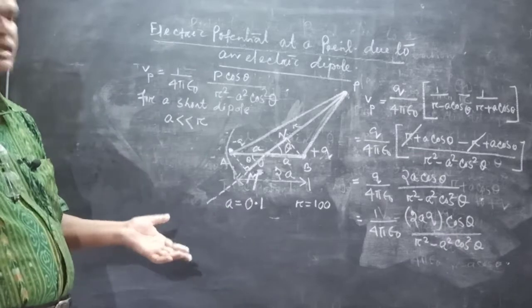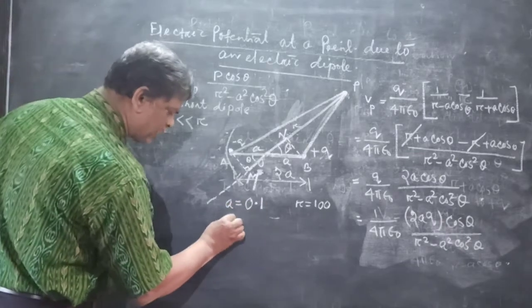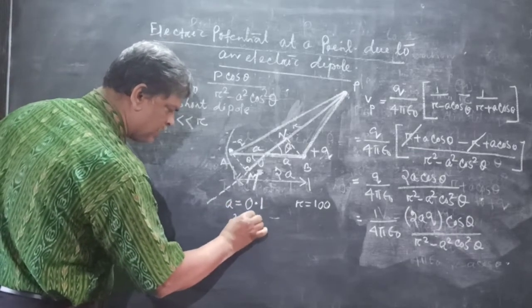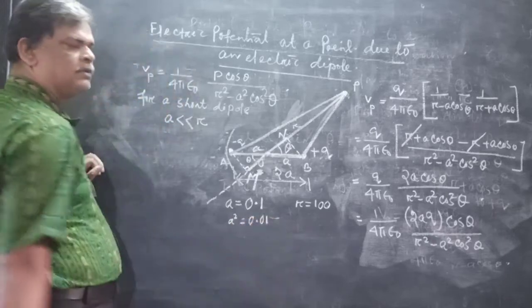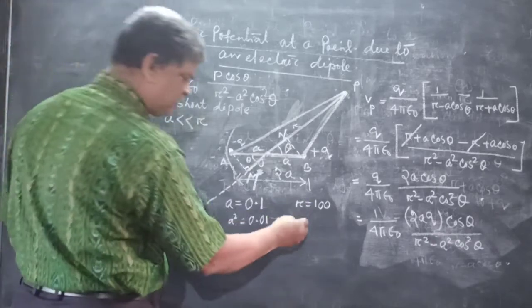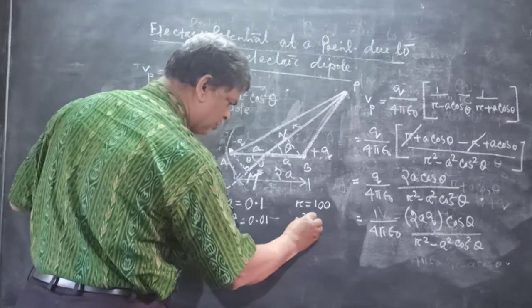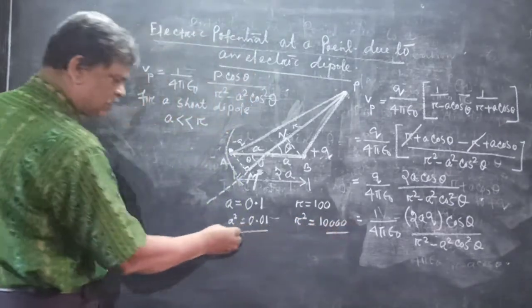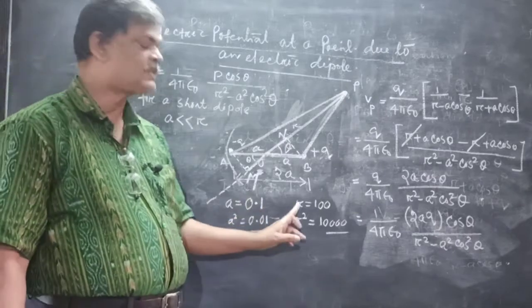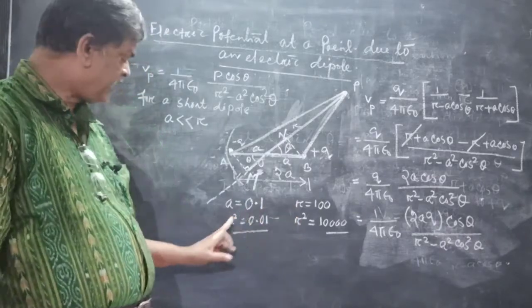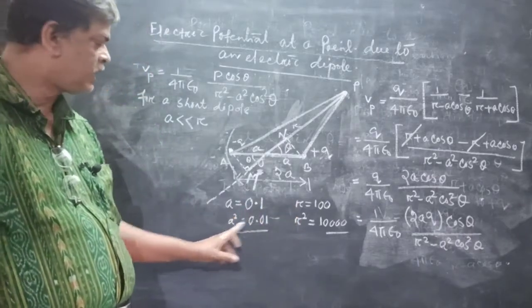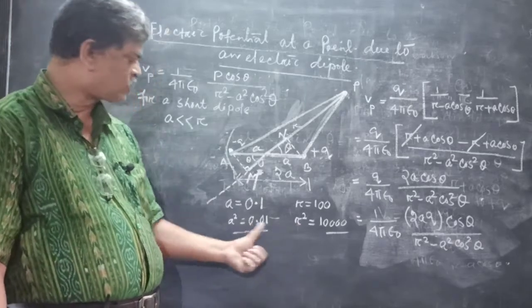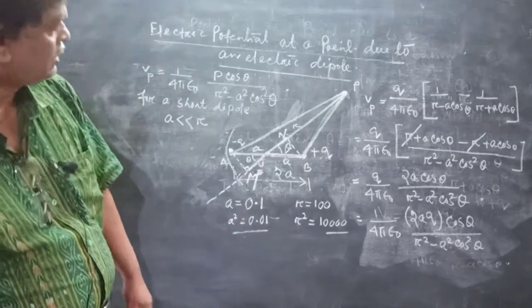Now squaring this, A square is equal to 0.01. Clear? Then R square is equal to 10000. So what do we get? When A is very small as compared to R, then A square is still smaller than R square. So A square is neglected as compared to R square.